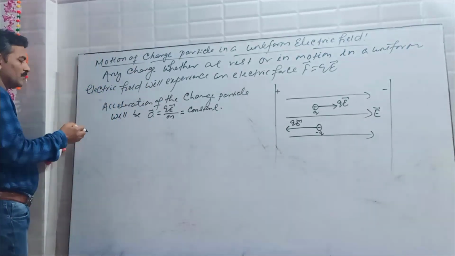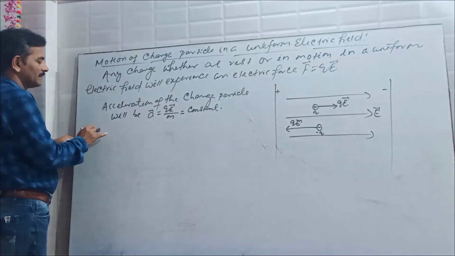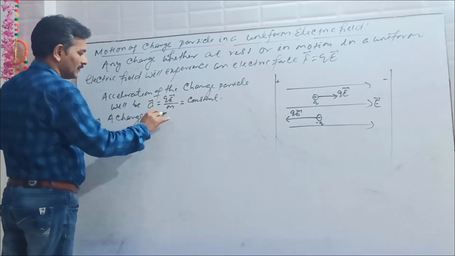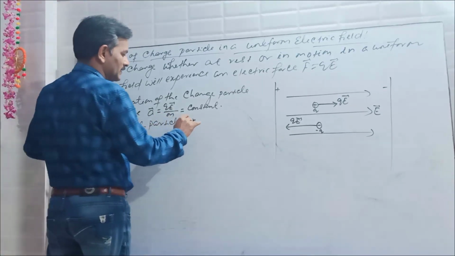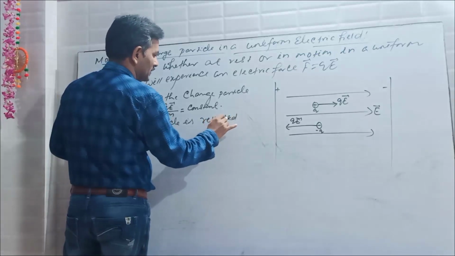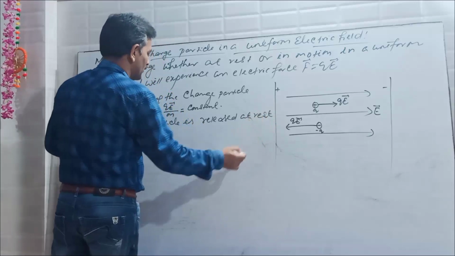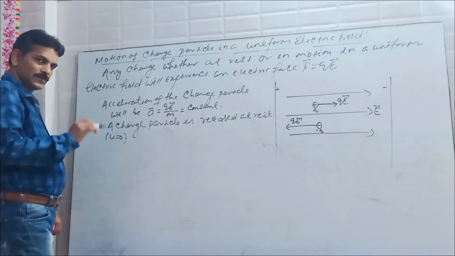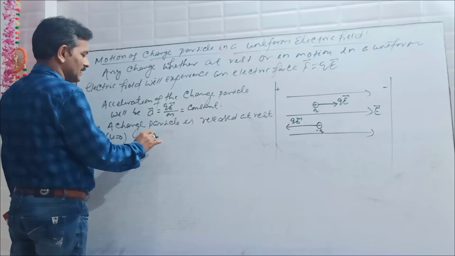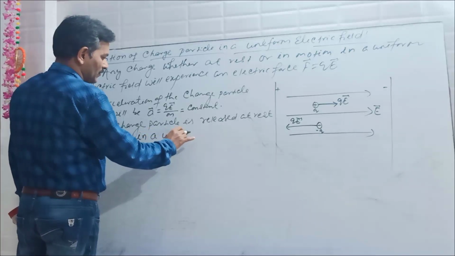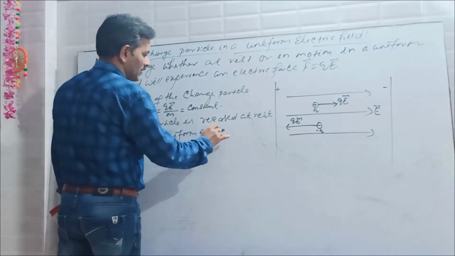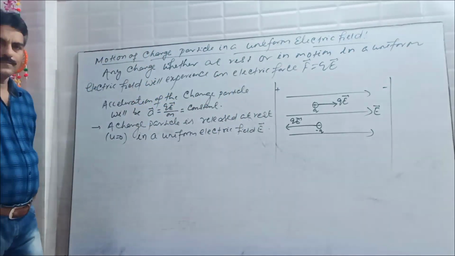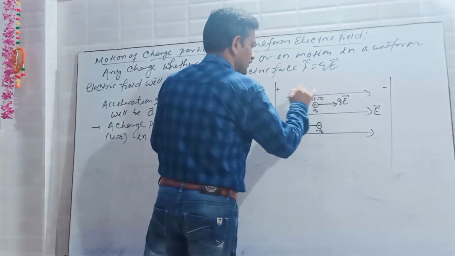Okay, suppose a charged particle is released at rest, that is u equal to 0, initial velocity is 0, in a uniform electric field as shown in the figure.